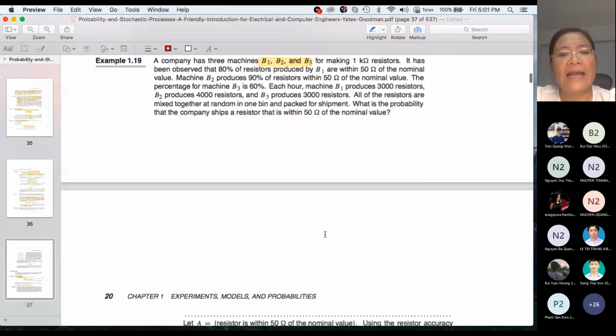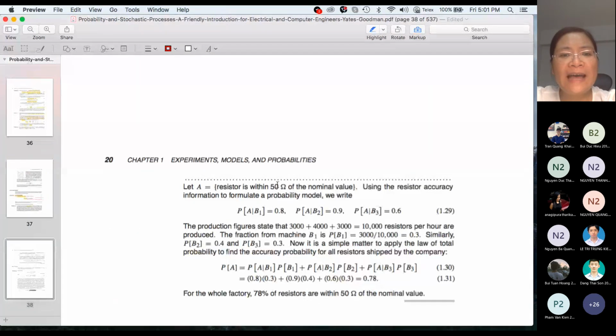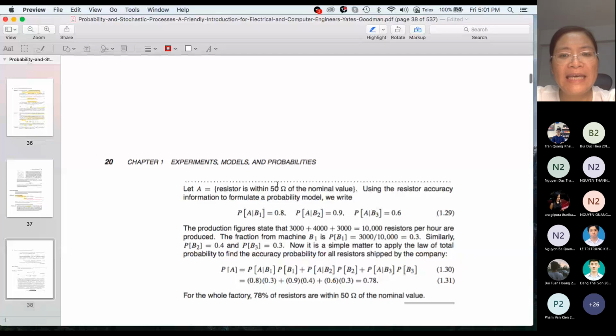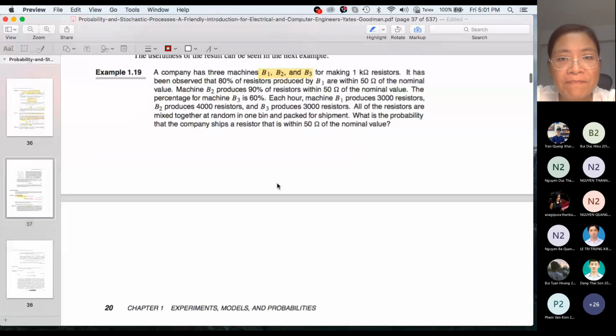Now we see the probabilities of B1, B2, and B3. B1 and B2 together are 10,000 resistors. So the probability of B1 equals 3,000 over 10,000, so it's 0.3. Similarly, the probability of B2 is 0.4, and the probability of B3 is 0.3.